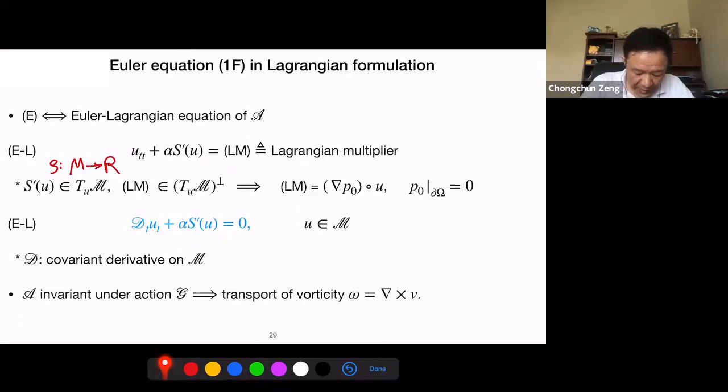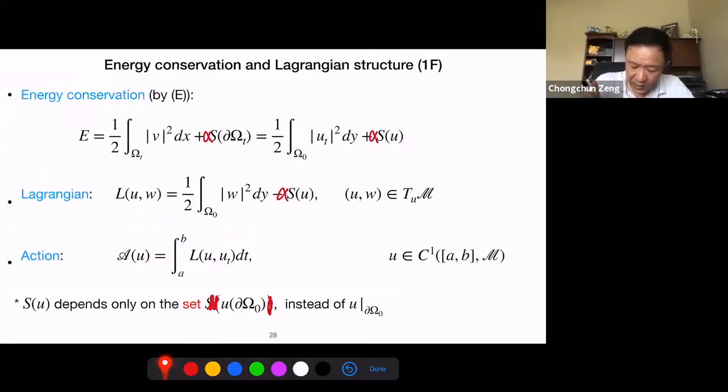Okay. And then we also know that the action, so if we come back for one second and look at the Lagrangian here, if we think about L of U composite phi, where phi is a relabeling transformation, and W also relabels in the same way.